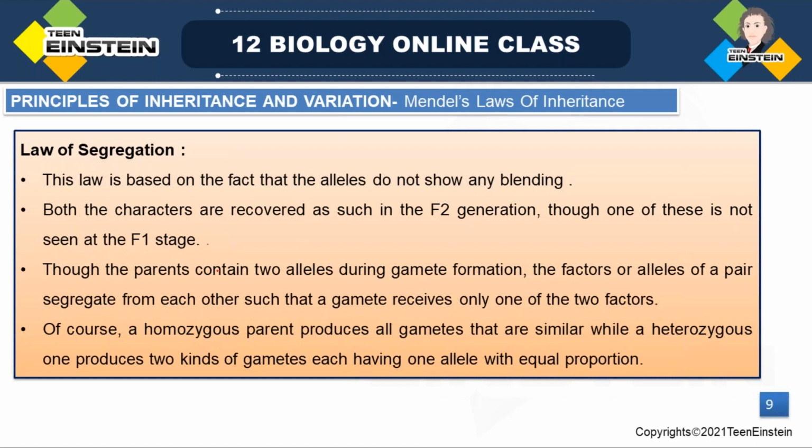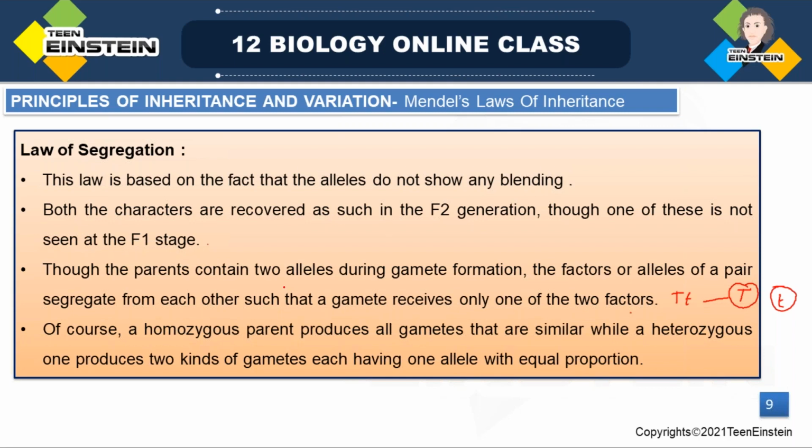Though the parents contain two alleles, during gamete formation the factors or alleles of a pair segregate from each other such that a gamete receives only one of the two factors. Even in heterozygous condition, as we have already said, gamete formation produces two types of gametes, with a 50-50 chance of combination.